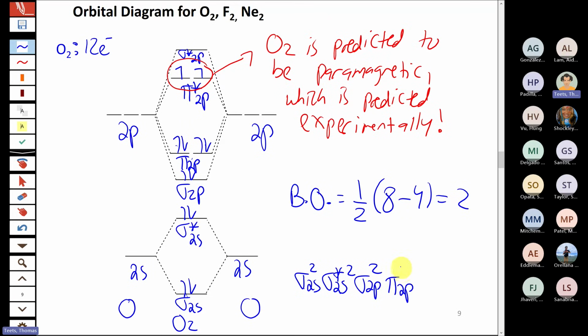Pi 2p has 4. You might sometimes see the 2 pi orbitals separated, but that's not really necessary to do. Just write it as pi 2p4. There's 2 pi orbitals with a total of 4 electrons in them. And then pi star 2p finishes up with 2 electrons. So that would be the correct electron configuration for O2. 12 total electrons. This is the energy levels that they are divided up into.